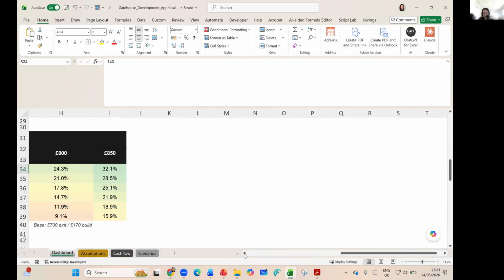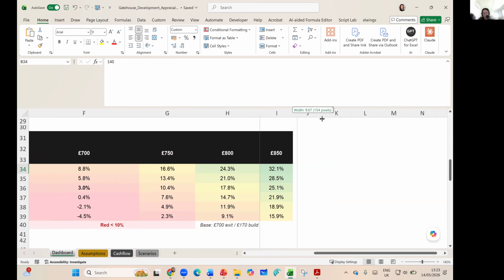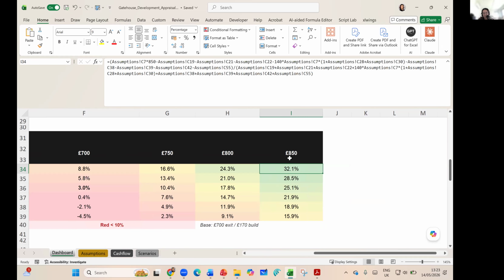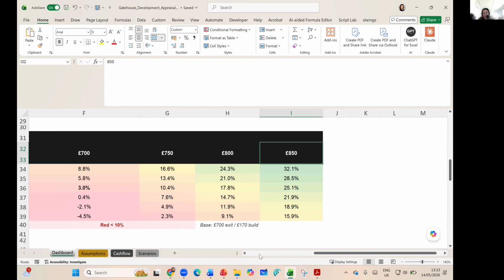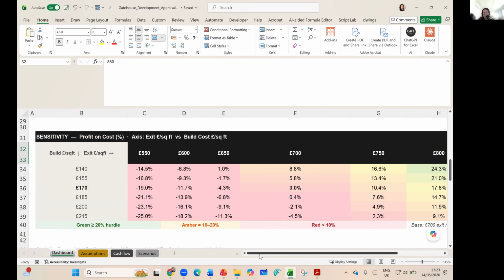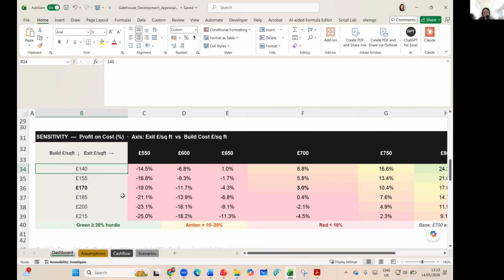This model only becomes reasonable if you sell this for 800, and say you want a 33% profit on cost, then 850 is the minimum you can sell it for in order to make it profitable, and you really have to reduce the build cost to 140 per square foot. So you have to think about how realistic it is that you can build for 150.